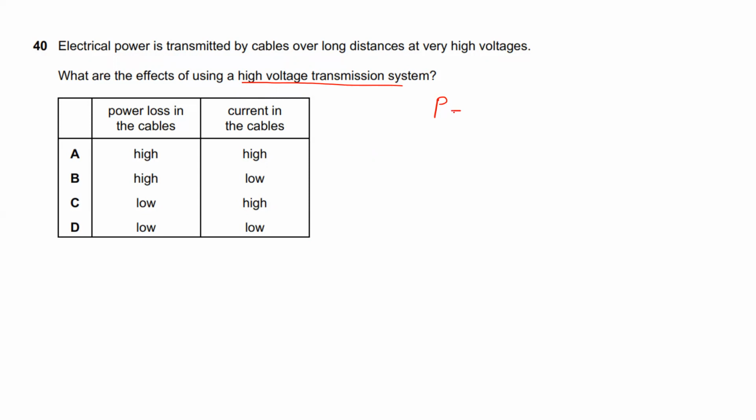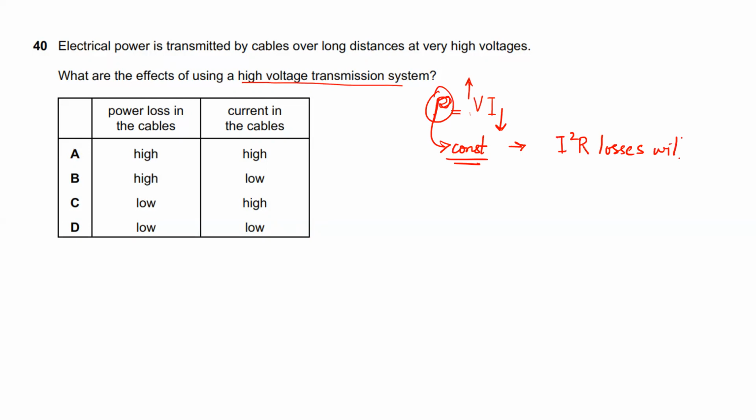Power is equal to VI, and this is a constant value in transmission lines. So if I increase the value of voltage, my value of current decreases to keep this power value constant. So if my value of current decreases, my I squared R losses will decrease.